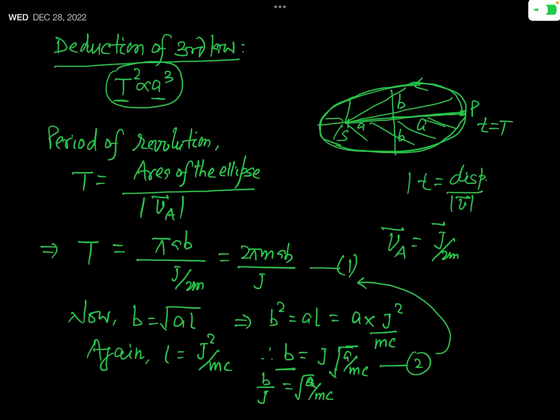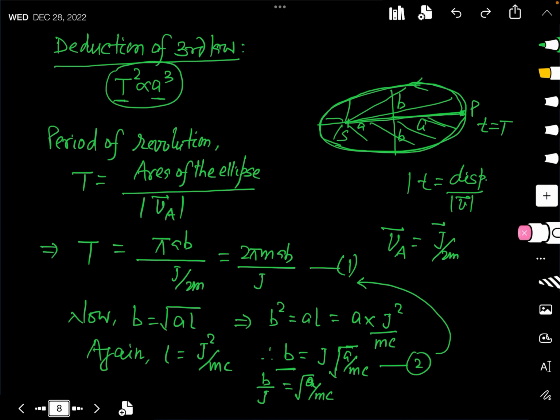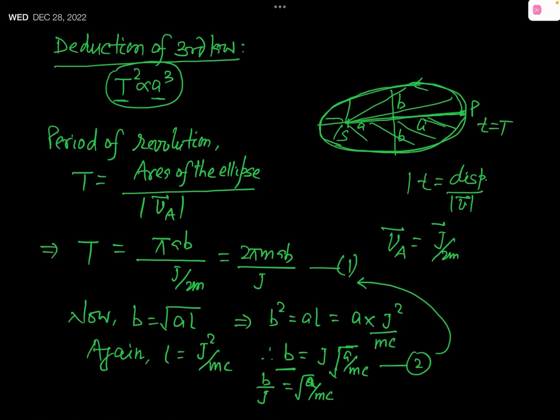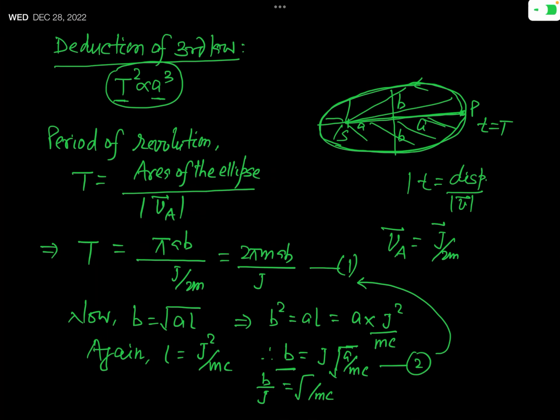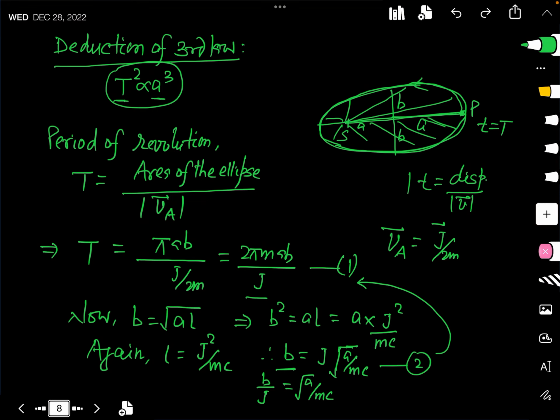Sorry, this is A by MC. So now see equation 1. Here there is B by J. So B by J will be replaced by root over A by MC in equation number 1.